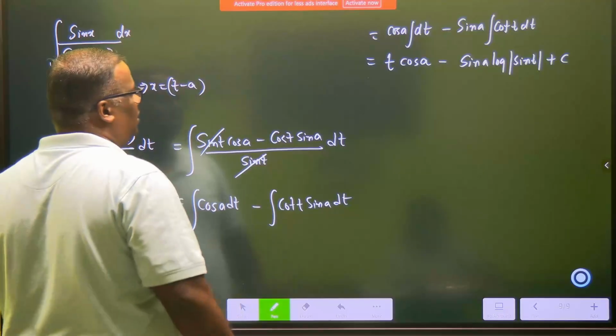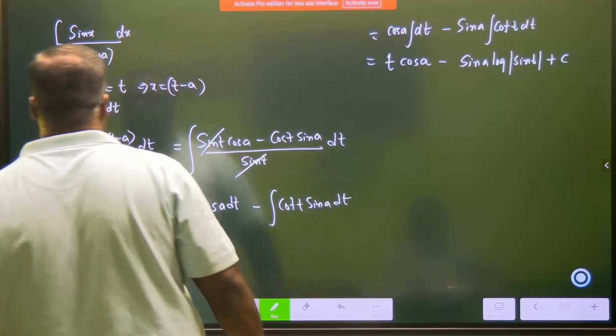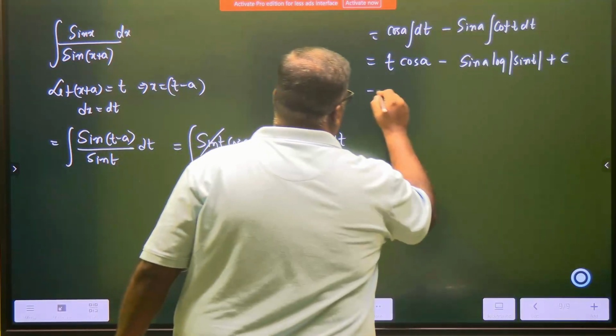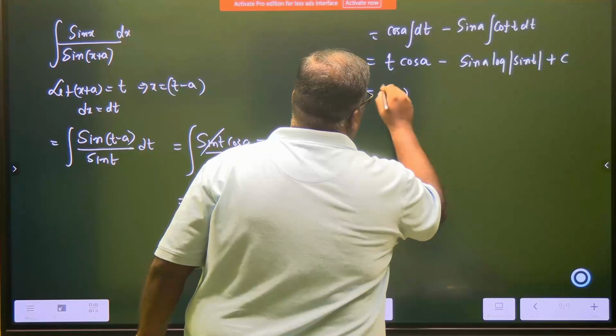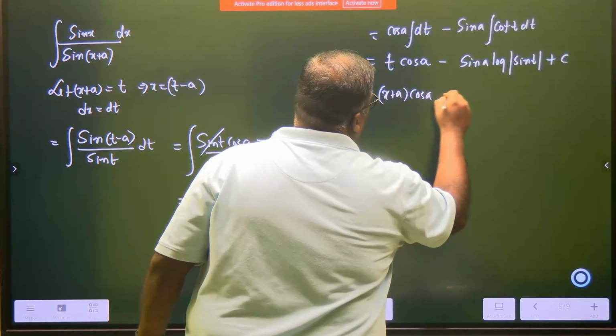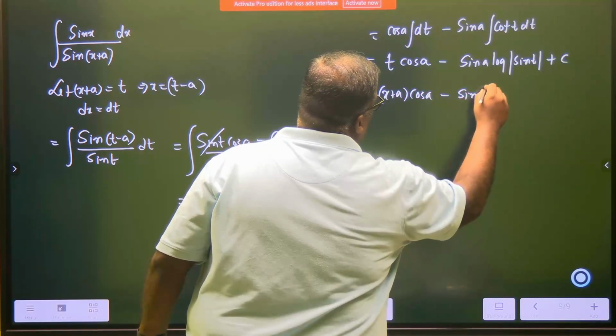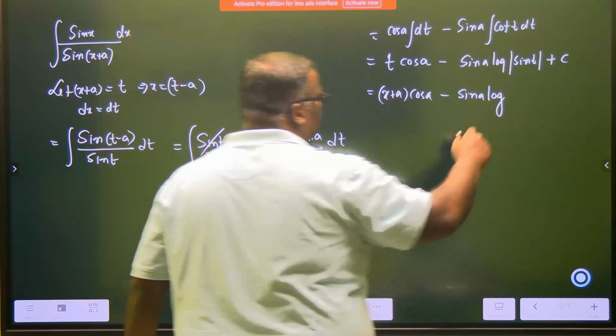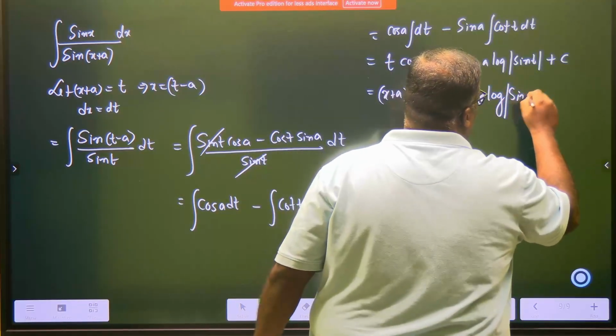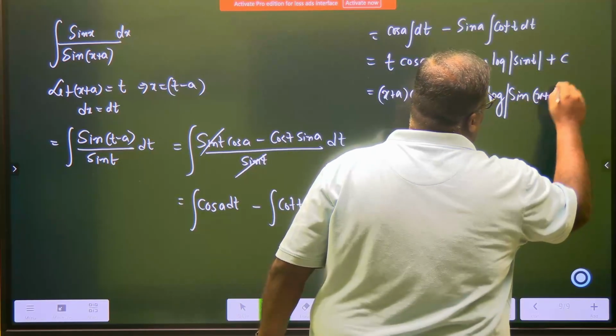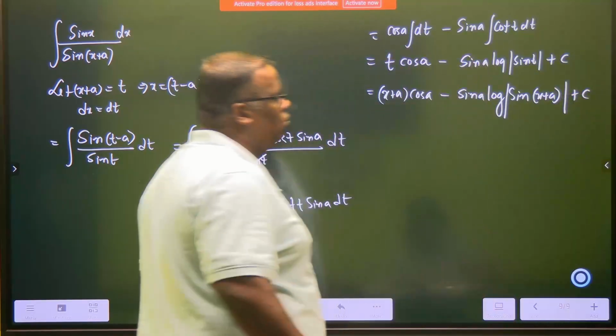Perfect. And now your easy job: you just release your t. It is x plus a cos a minus sine a log modulus sine of x plus a plus c. That's it. The job is done.